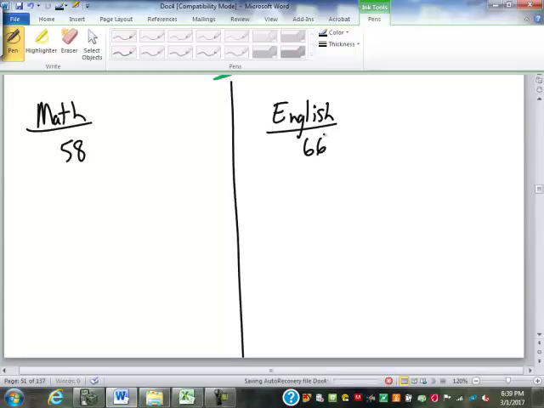Well, no, they weren't the same test. Now, if two people took the math test and one scored a 58 and the other scored a 66, yes, the person with the 66 did better on that math test because it was the same test. But these are two different tests. So to compare how you did on each of those tests, we need some more information.